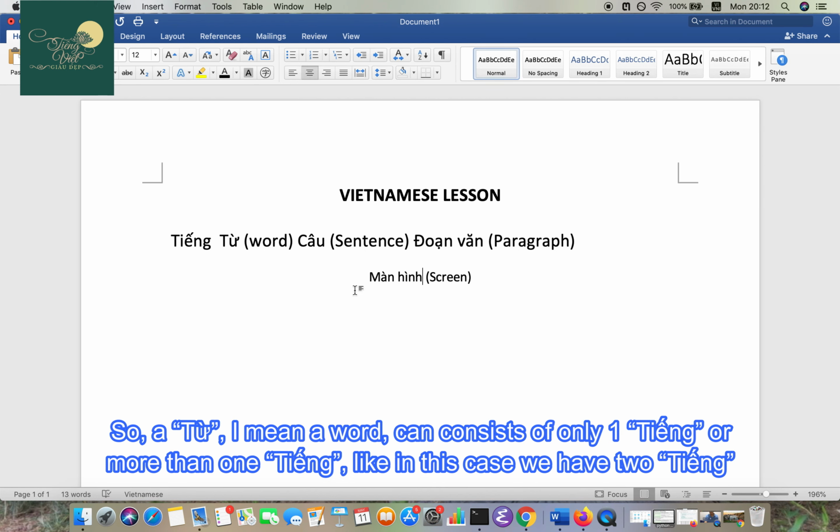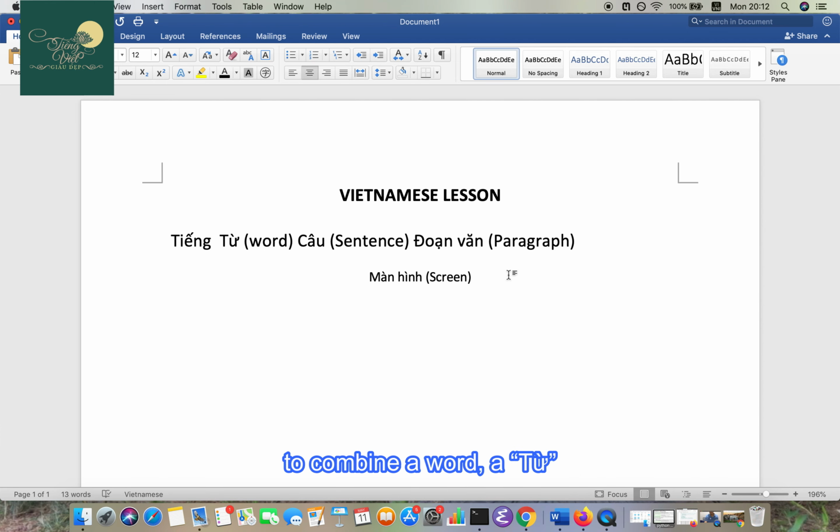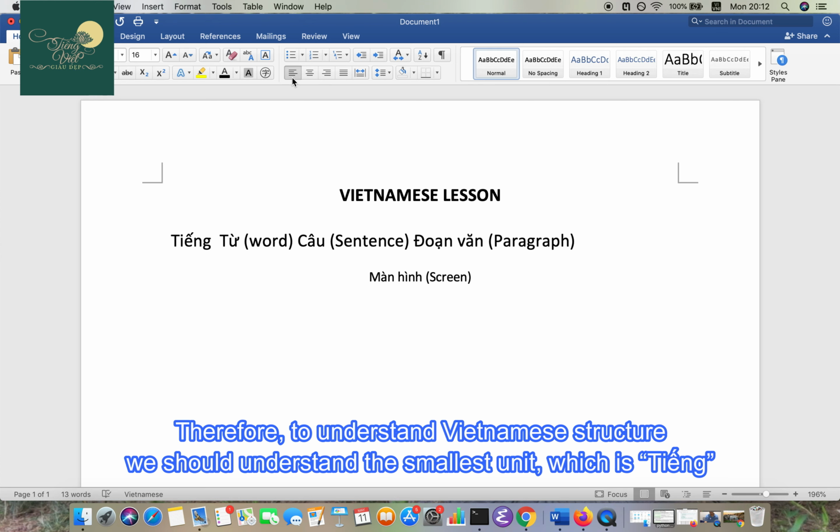So a từ, a word, can consist of only one tiếng or more than one tiếng. Like in this case, we have two tiếng combining to make a word, a từ. Therefore, to understand Vietnamese structure, we should understand the smallest unit, which is tiếng.